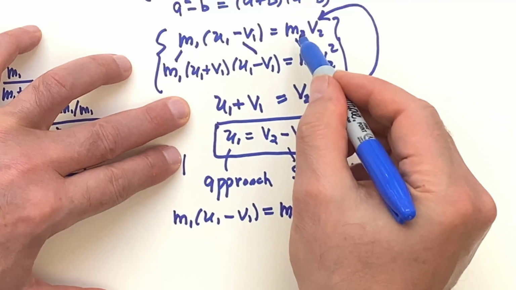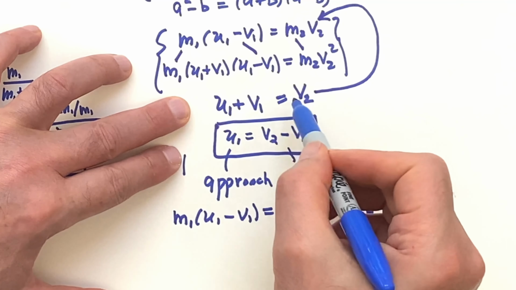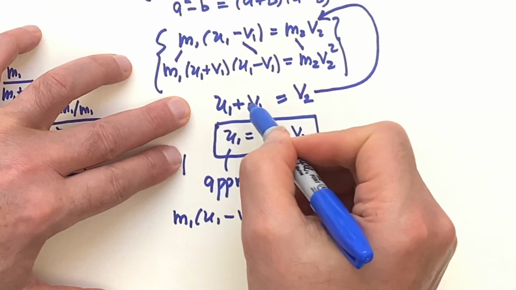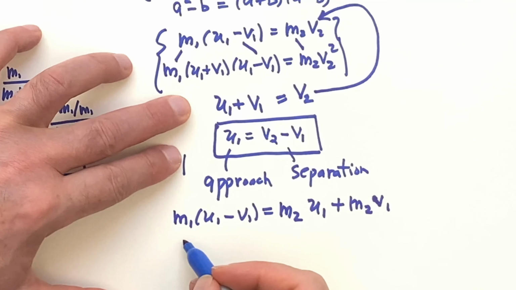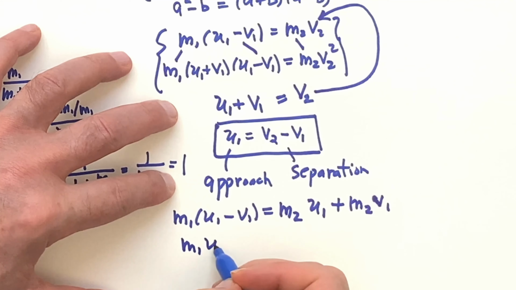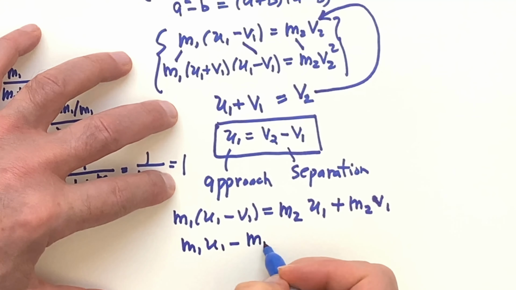So it's m2 times u1 and m2 times v1. And then over here, let's write these out as two parts.